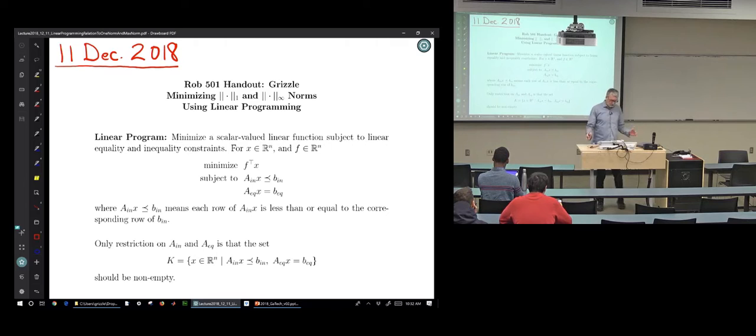That was a quadratic program. This is a linear program, same type of constraints, and then a linear cost function. So how can you minimize something nonlinear like the one norm, which is a sum of absolute values, or the max norm, which is just taking a whole bunch of absolute values and then taking the max of them? It's extremely nonlinear. How can you do that with a linear cost function?